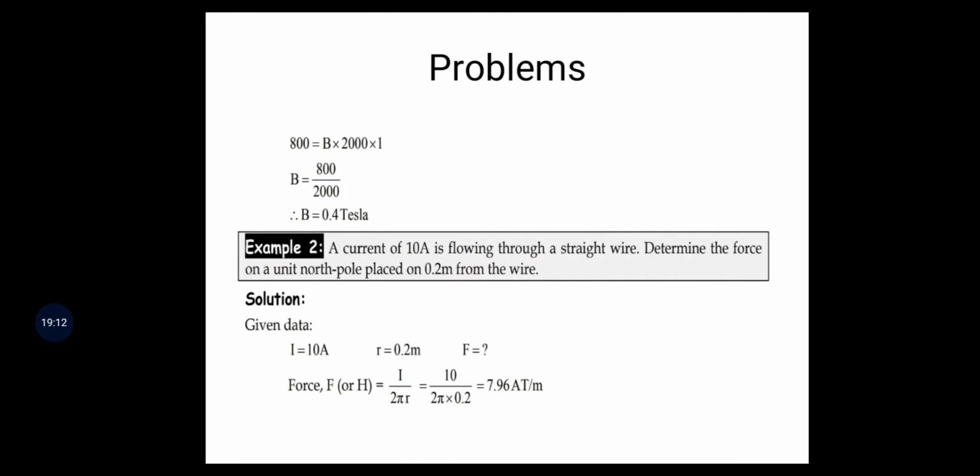Second problem. A current of 10 amperes is flowing through a straight wire. Determine the force on a unit north pole placed 0.2 meter from the wire. So here, what is given?